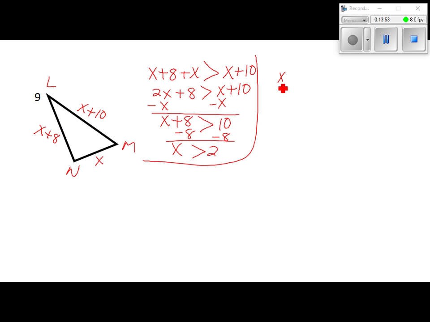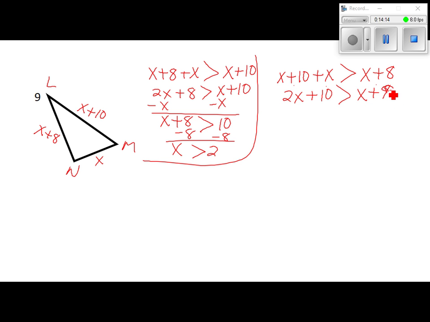So next I'm going to do x plus 10 plus x, and say that's got to be greater than the x plus 8. So these 2 sides added together should add up to be more than that third side. Collecting like terms, 2x plus 10 is greater than x plus 8.